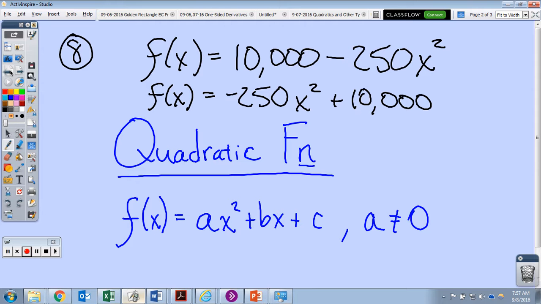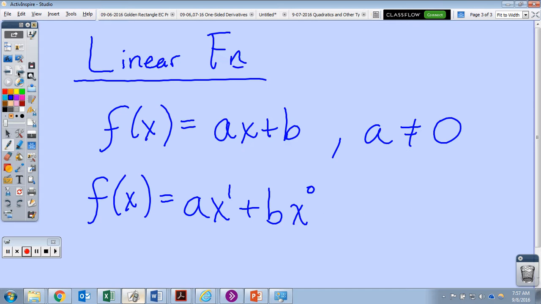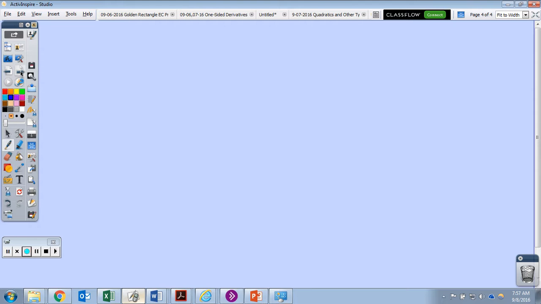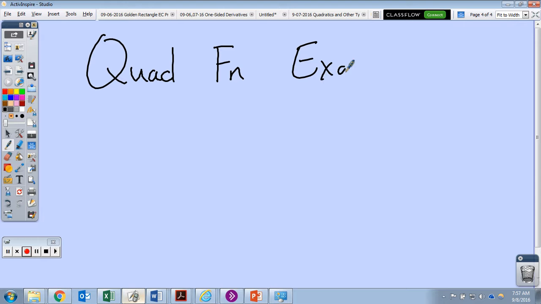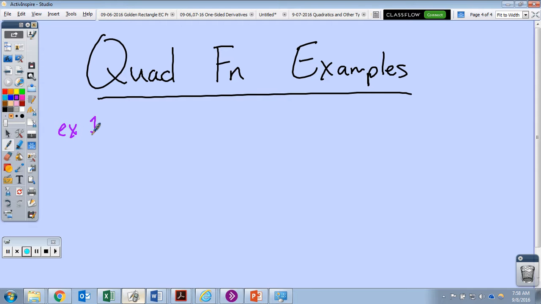So for example, I'll list some examples of quadratics. I think it's good to see a bunch of examples. So quadratic function examples. Example 1, I could say f of x is equal to 1/2 x squared.